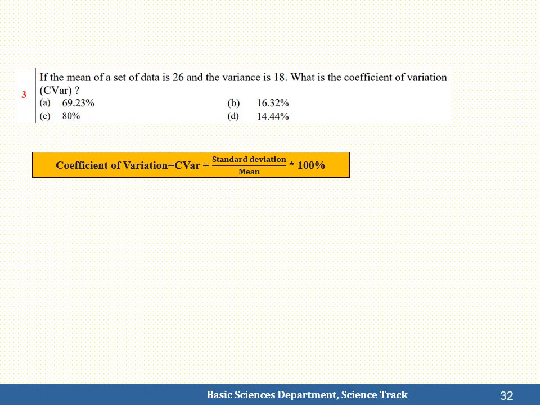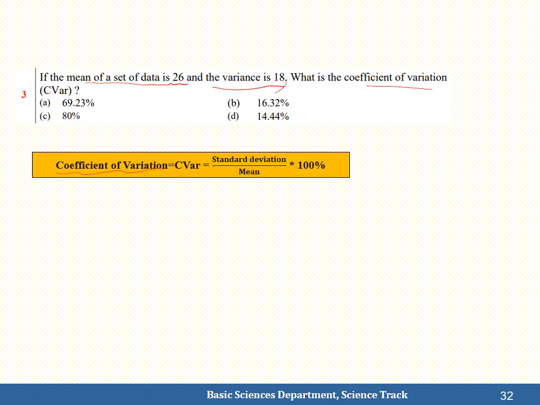Okay, let's read the question. If the mean of a set of data is 26 and the variance is 18, then what is the coefficient of variation of this data? The coefficient of variation of data is equal to the standard deviation divided by the mean times 100%.